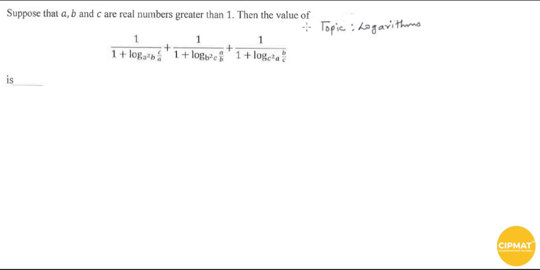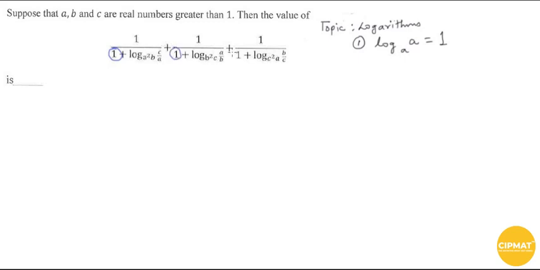So the first thing that you should know about logs is that when the base and whatever you're taking the log of are the same, then it results in 1, right? So here you can see that in this question I have a few ones.